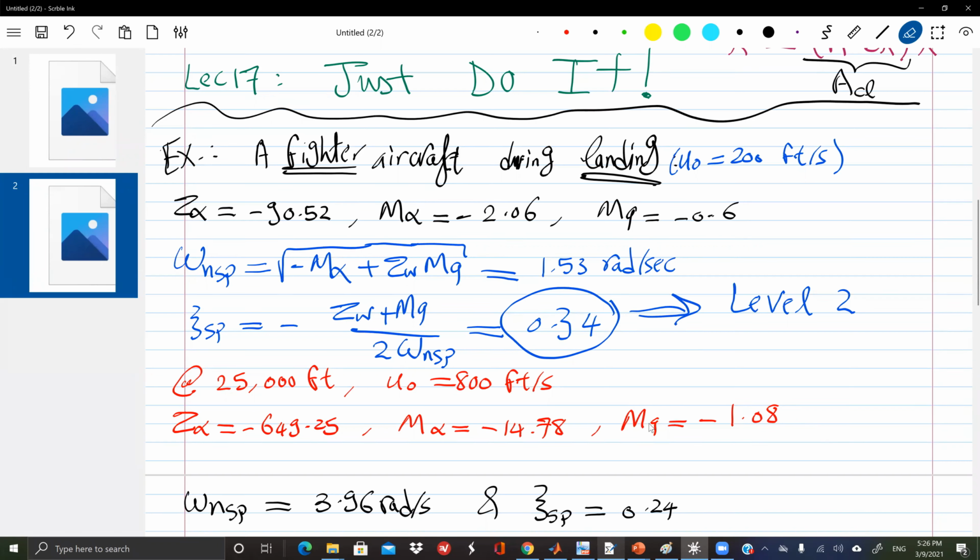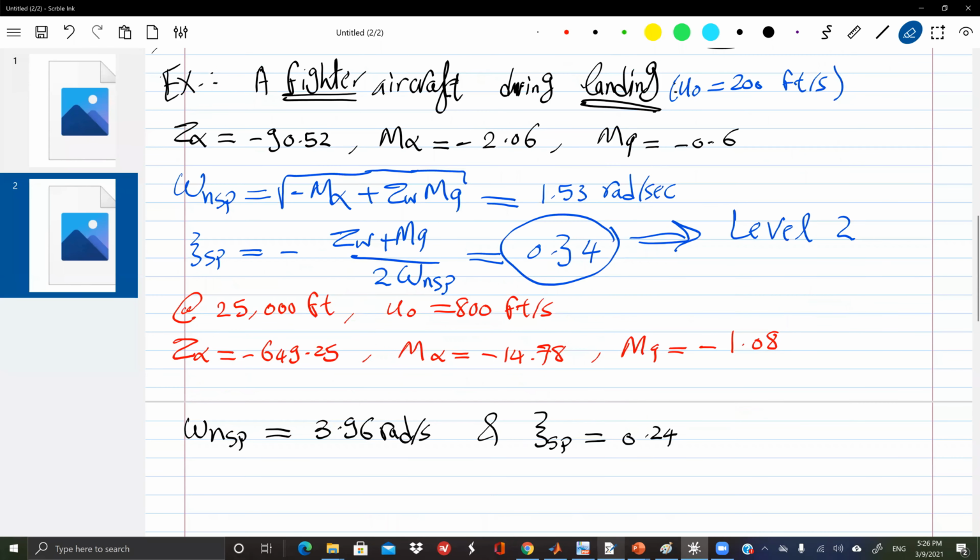So you think that the pitch damping enhanced, right? It almost doubled. So you think that if I'm level 2 here at the sea level during landing, I will be better there. But actually, no, it's the other way around.